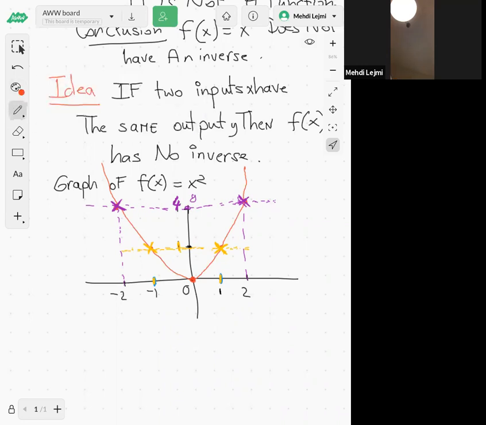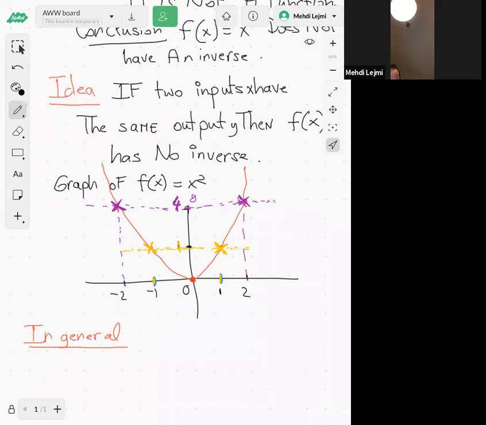So in general, if a horizontal line intersects the graph at more than 1 point, then the function f has no inverse.